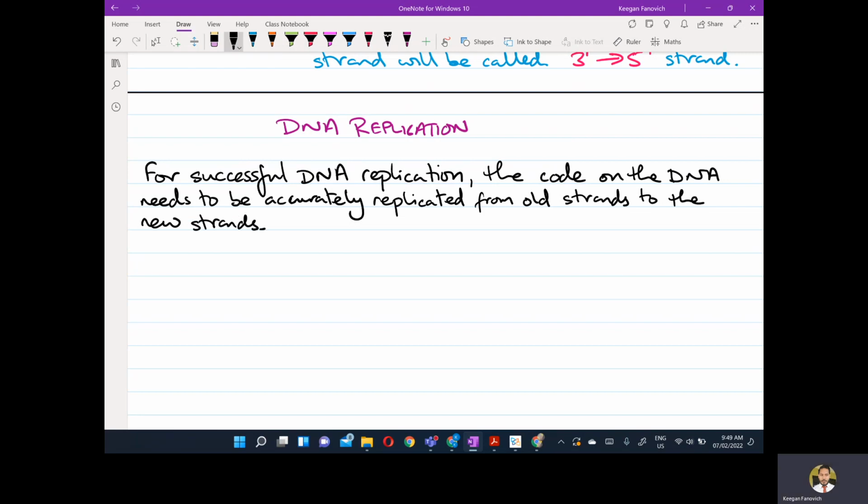Right? So the old strands are like your parent strands and the new strands are like the daughter strands, right?